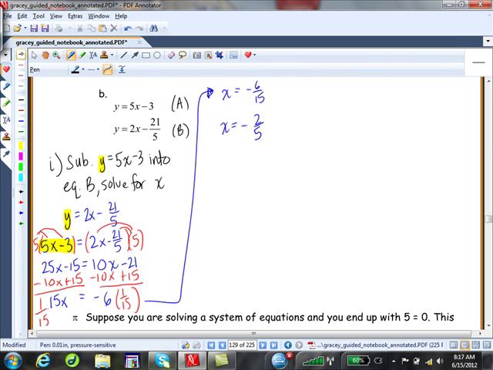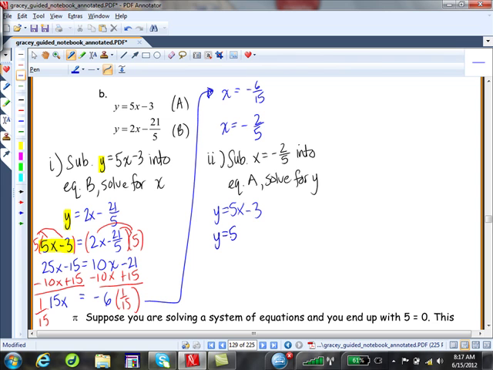All right, so then next step, we will substitute x equals -2/5 into equation A. This will let us solve for y. So we have y equals 5x minus 3 is equation A. Y equals 5 times -2/5 minus 3.